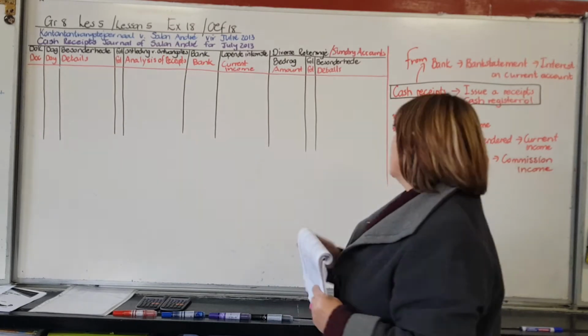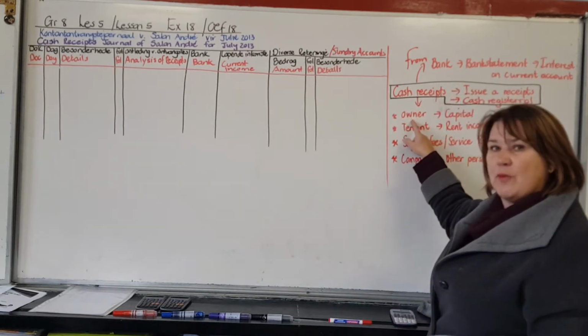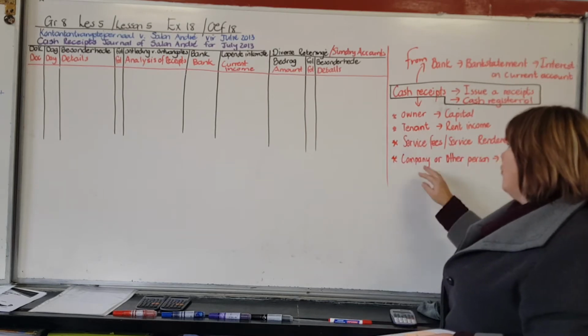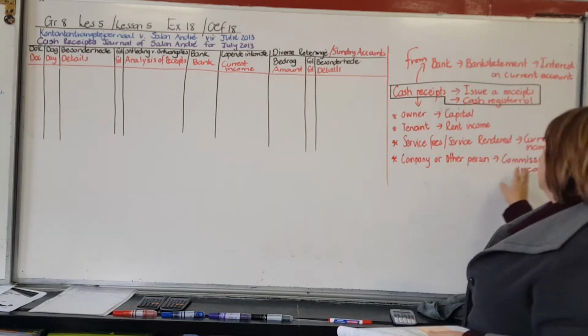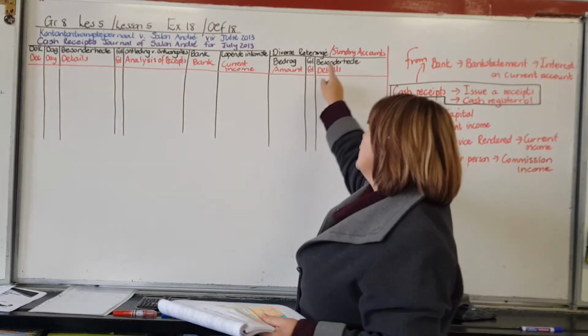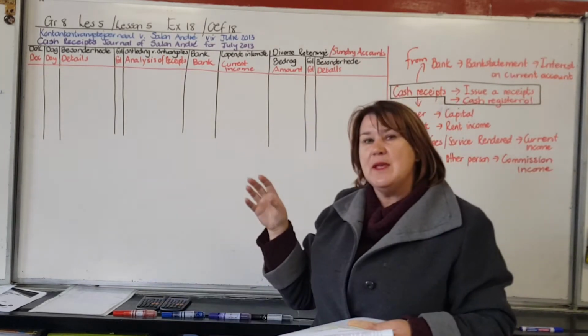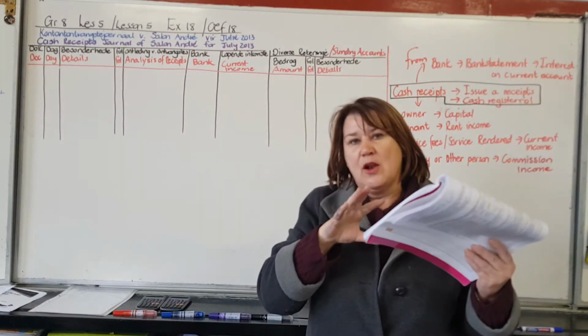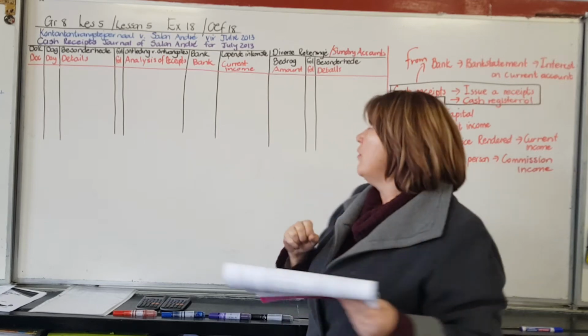So I told you that we can also receive money from the owner, capital, from the tenant, rent income, or we can receive money commission income. We do not have columns for that. So then we're going to use our sundry. Sundry means diverse, many. There's a lot of different accounts. All right?